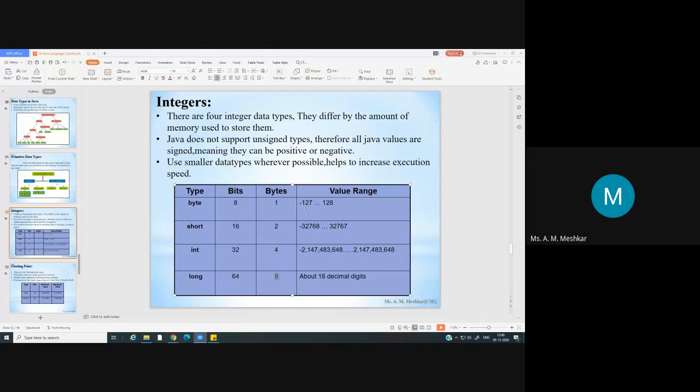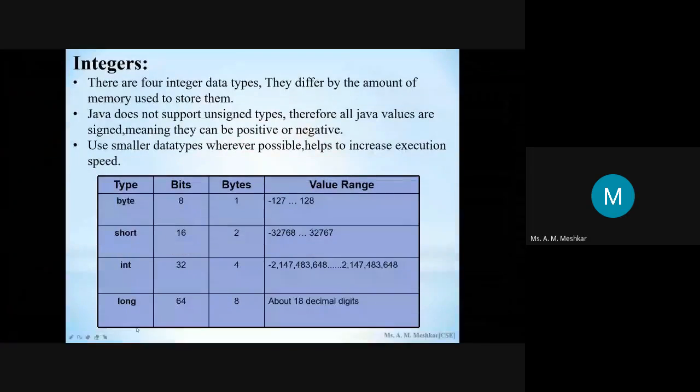Then this is the range. This is the minimum value and this is the maximum value. These are the ranges, meaning with this data type, up to what range you can represent the numbers that is given here.